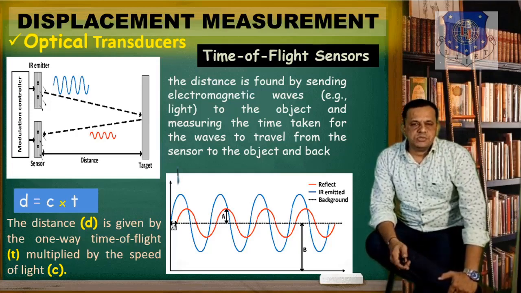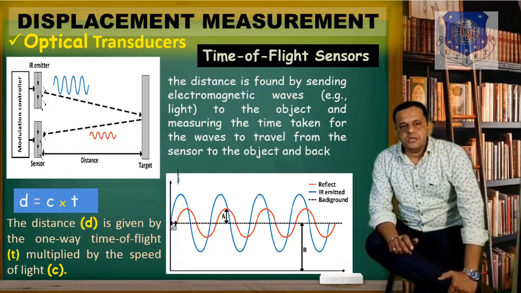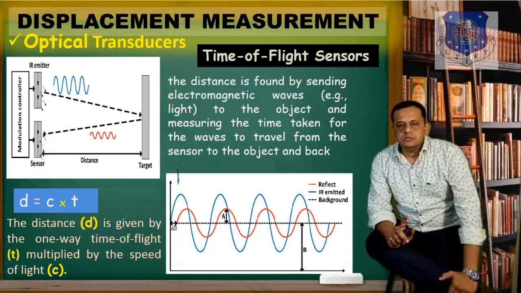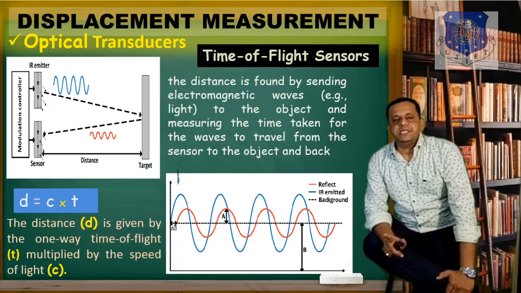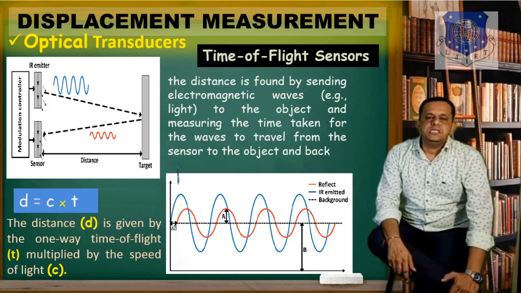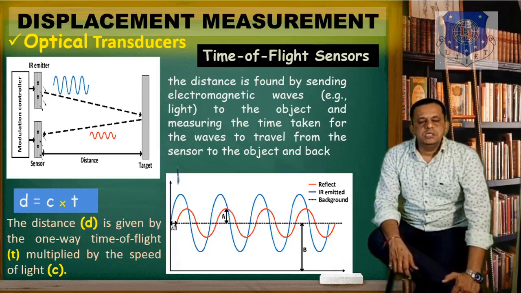In the wave, the blue color is the IR emitted and sent, and the red color shows what is reflected.